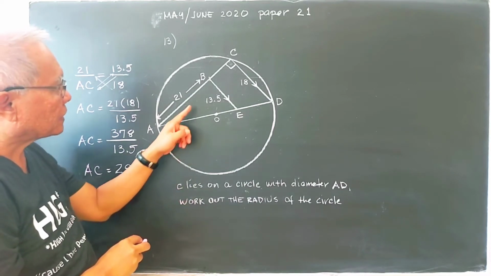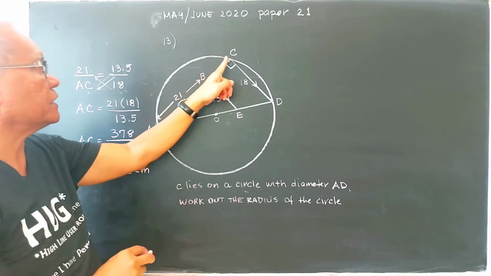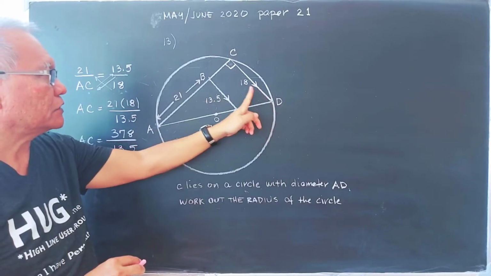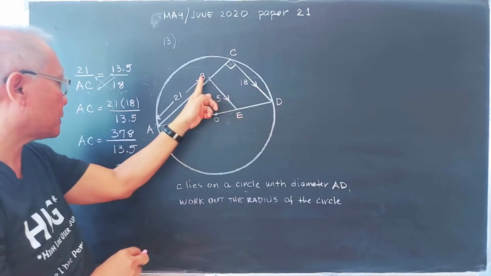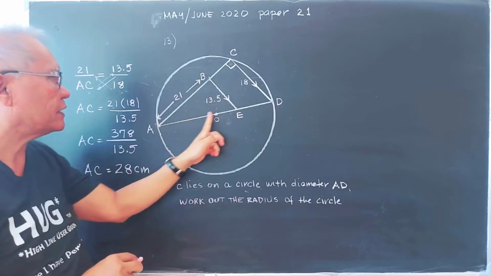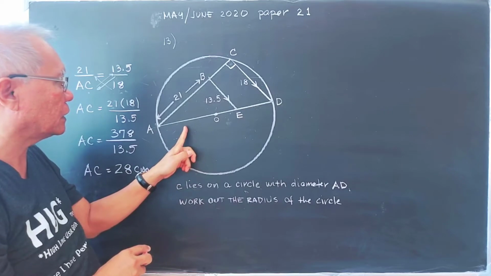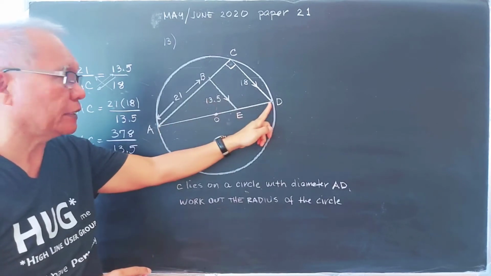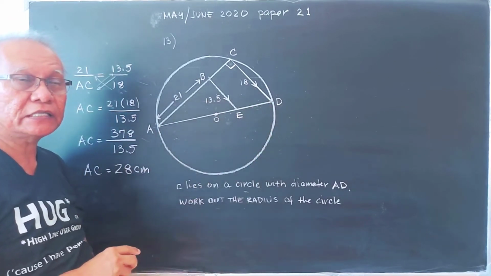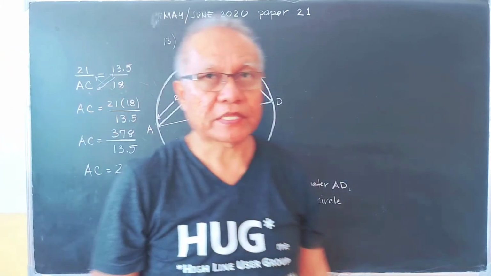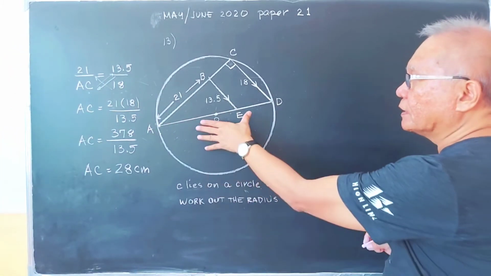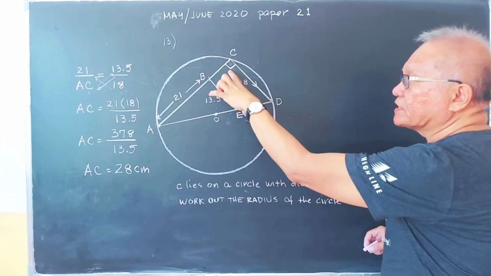In our triangle, we already have side AC, which is 28 centimeters, and side CD, which is 18 centimeters. We can now find the hypotenuse of our right triangle, which is AD, by the Pythagorean theorem. This side is the hypotenuse because that is the right angle.